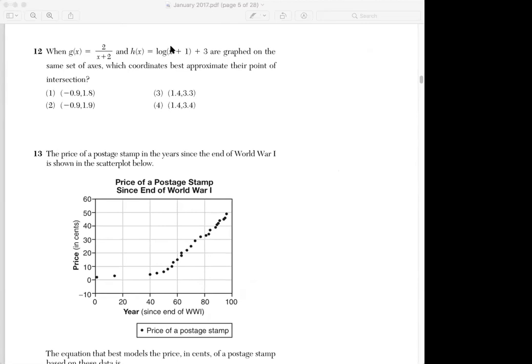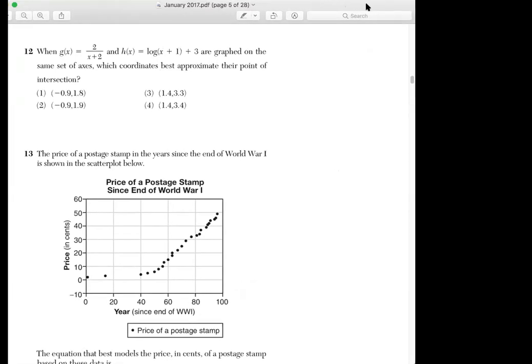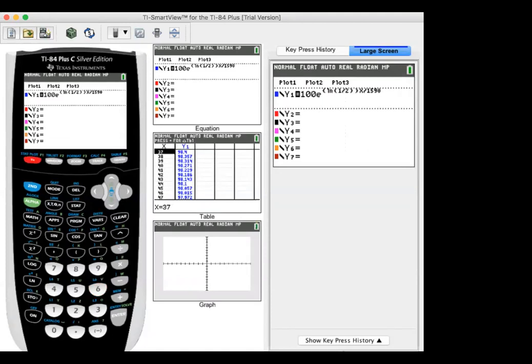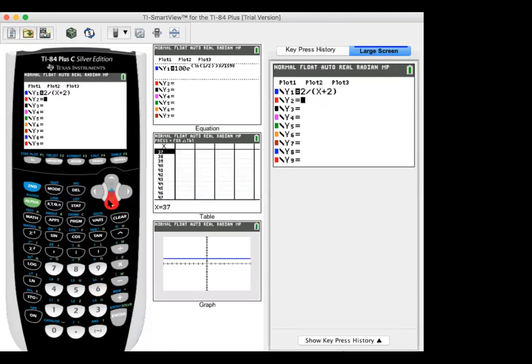When g of x equals this, h of x equals this, are graphed on the same set of axes. Which coordinate best approximates their point of intersection? Okay, so I'm just going to plug these into the calculator and then use the intersect button. 2 divided by x plus 2 and log x plus 1 plus 3.